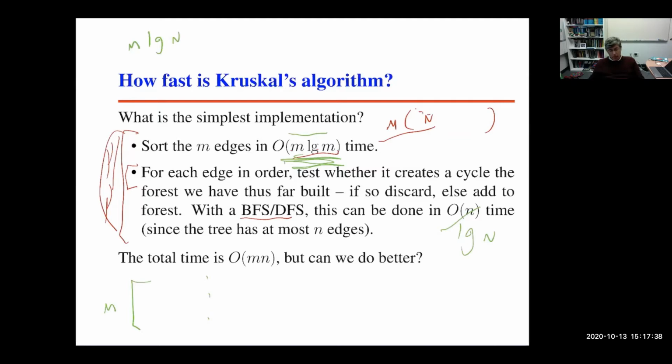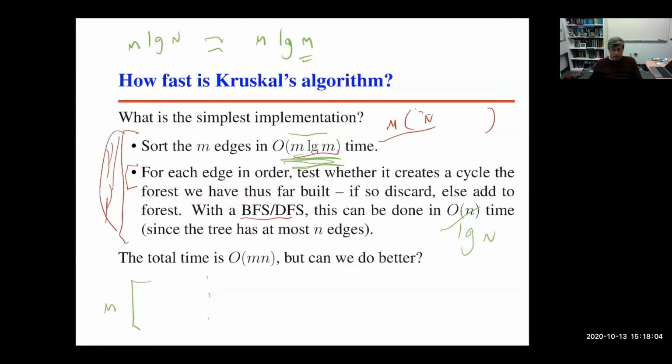Actually, here's a question. If I have something running in m log m, where m is the number of edges, why do I say that this is the same thing as m log n? You may think I'm being slippery.